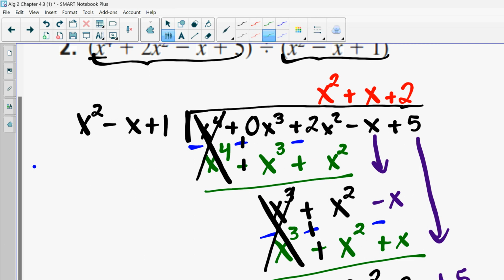So we'd have 2 times our x squared minus x plus 1. Again, we distribute: 2 times x squared is 2x squared, 2 times negative x is negative 2x, and 2 times 1 is plus 2.